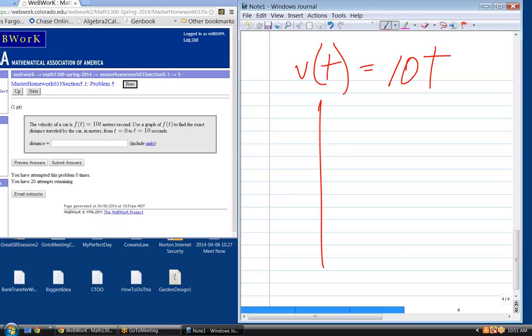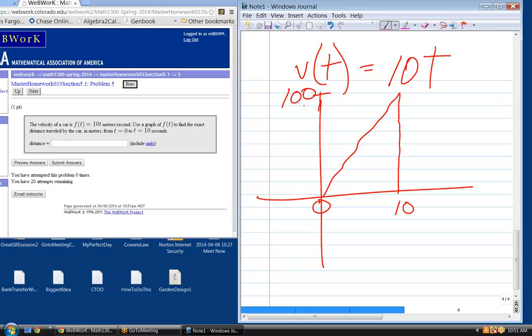So we would draw our graph and then plug in 0 through 10 for t to get our points. 10t is basically a straight line. There's 0 seconds, and 10 seconds. What's his velocity at the end of 10 seconds? 100. So what's the area of that triangle?